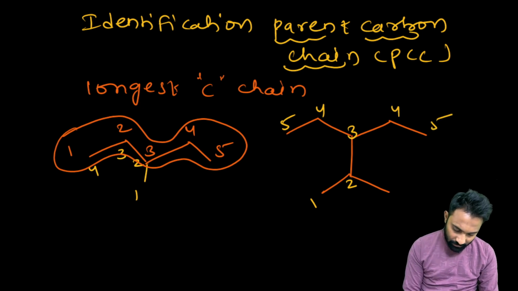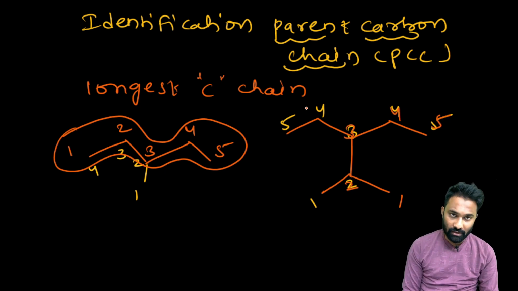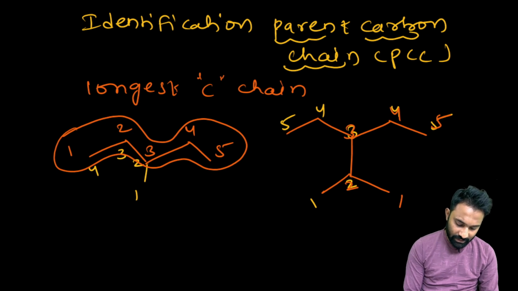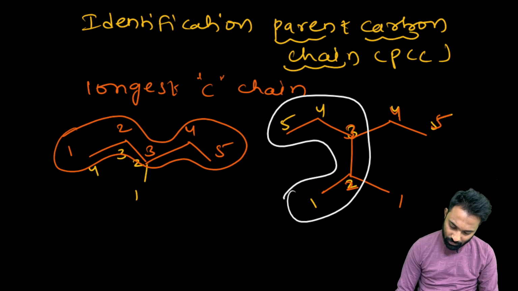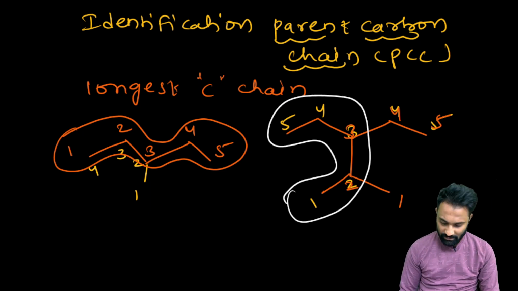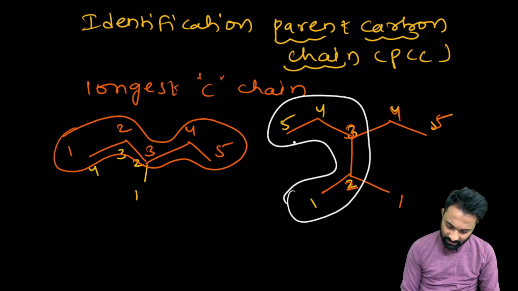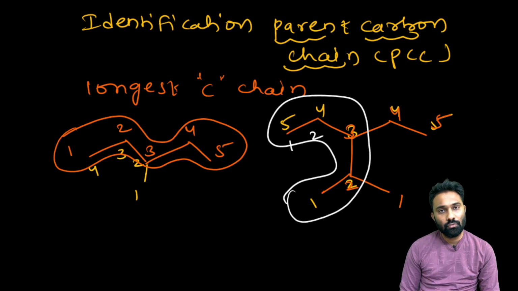Then if you start the numbering from here, 1, 2, 3, 4, 5, it is also 4 and 5. Clear? Everywhere you are getting the same, right? So you can take this as the parent carbon chain. If not, you can take this one also as the parent carbon chain, 1, 2, 3, 4, 5.